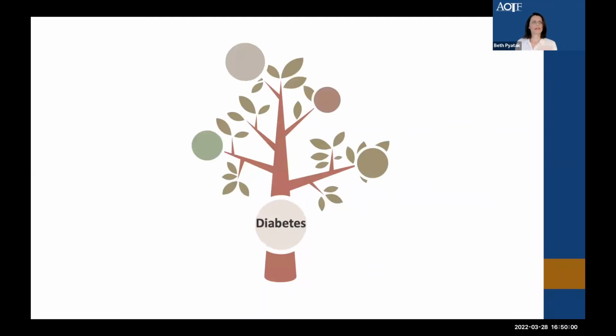And as I was thinking about my whole career trajectory, and I kind of imagined and visualized it, I saw a tree with several branches. So bear with me with this analogy. The trunk of the tree is diabetes because all of my research has really centered around diabetes as a chronic condition and all of the ins and outs of living with and managing diabetes.